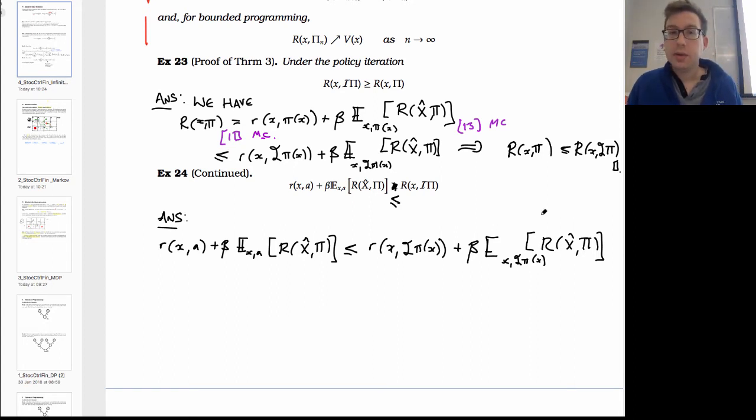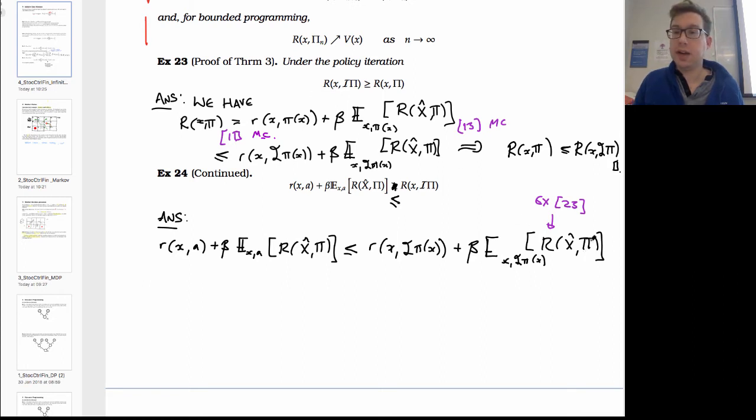Now we know from the previous exercise, exercise 23 above, that this is less than this.